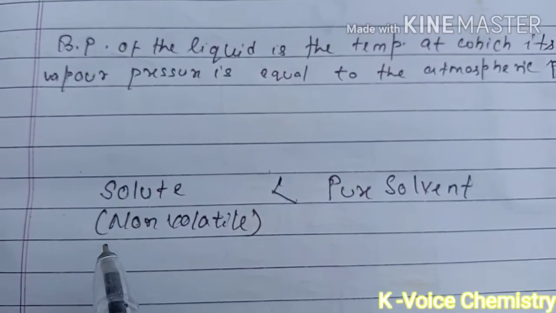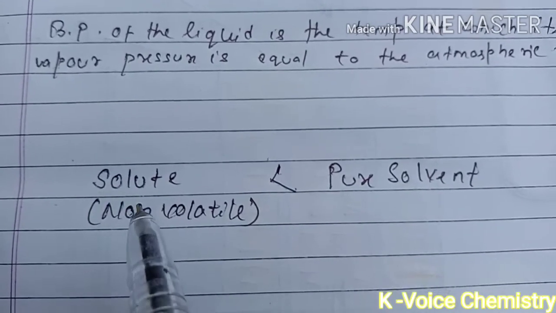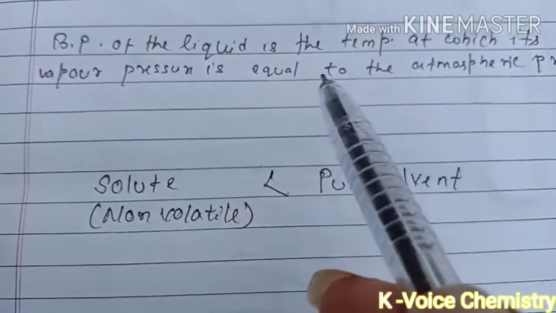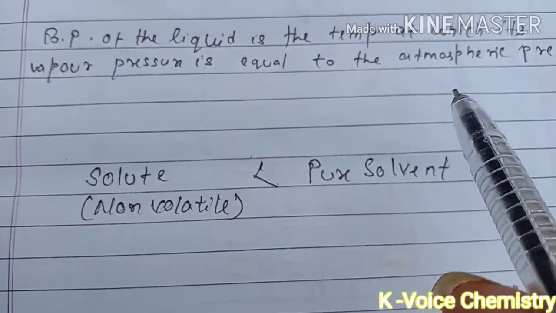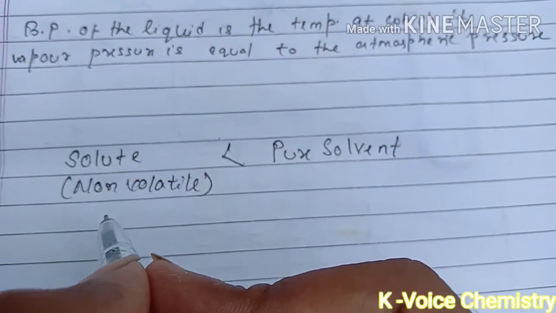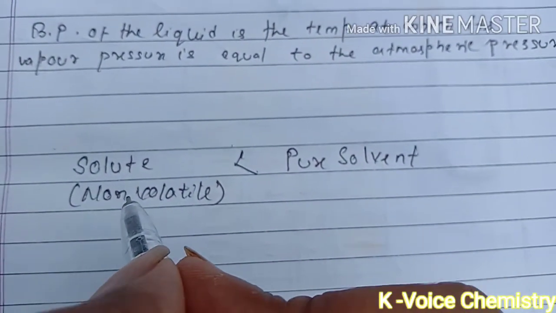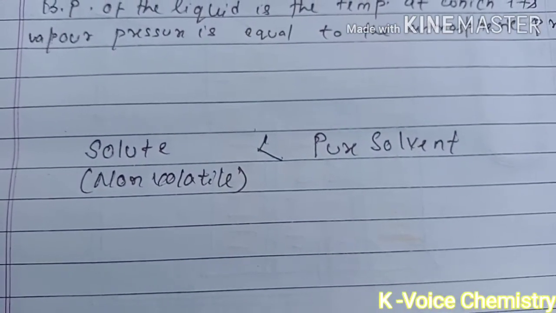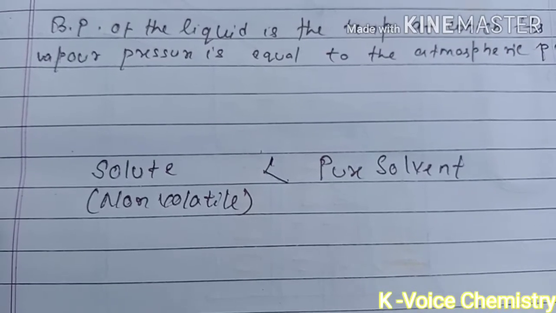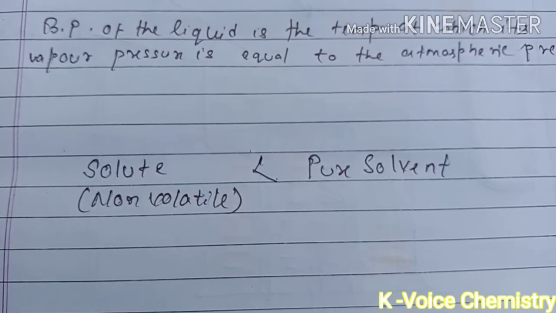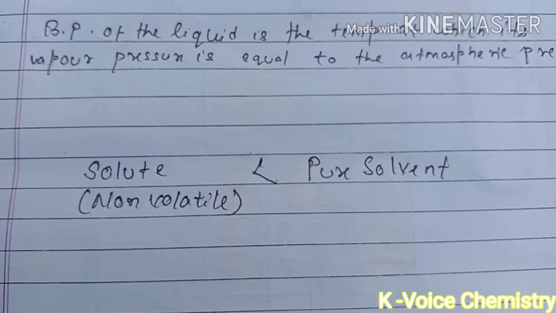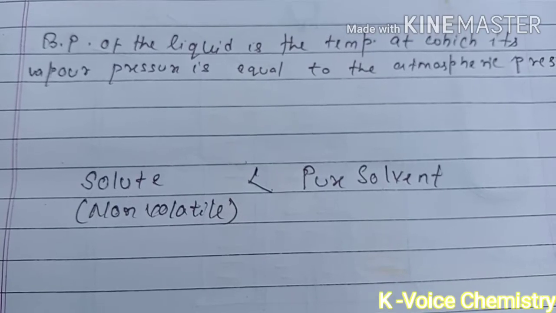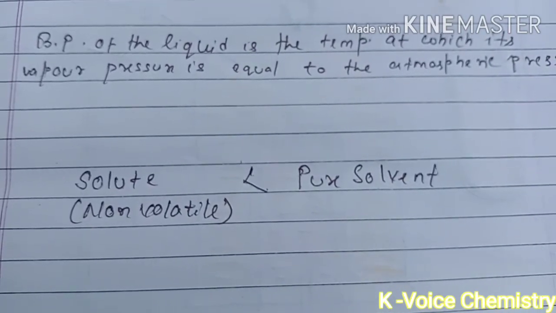We know that the boiling point is the temperature at which the vapor pressure is equal to the atmospheric pressure. So in order to make the vapor pressure of a solution which contains the solute molecules equal to the atmospheric pressure, we must heat the solution to a higher temperature.